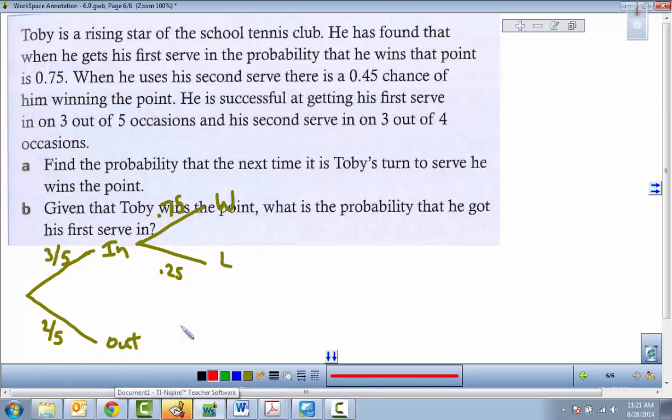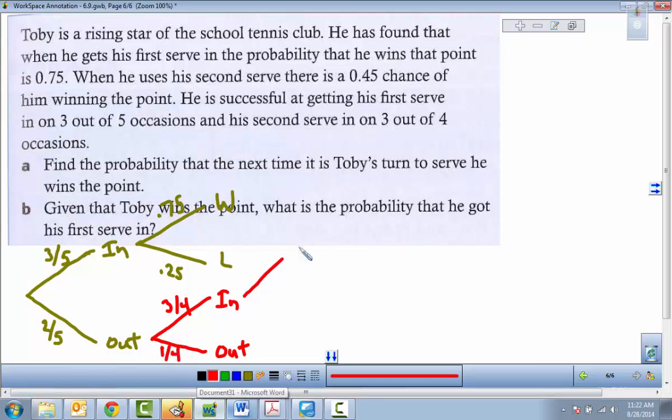If the first serve goes out, he gets to serve again. He gets one more try, and that serve will either be in or out. And it says the probability that his second serve is in will be 3 out of 4 times, 3/4, which means the probability that it's out will be 1 out of 4.